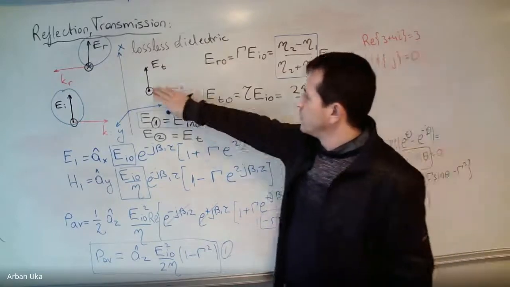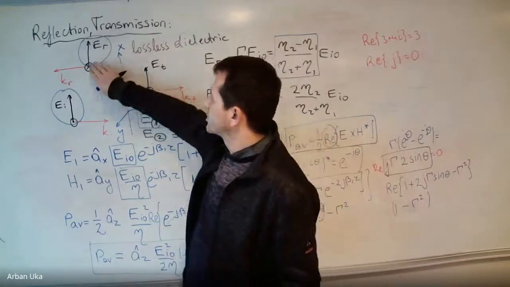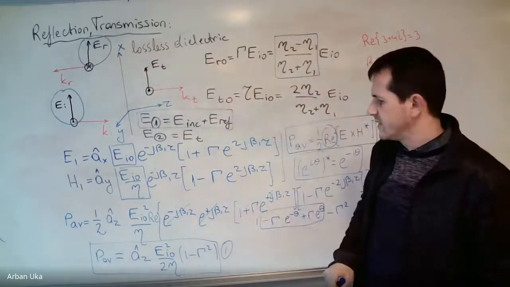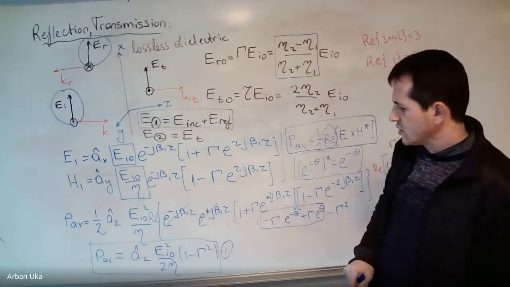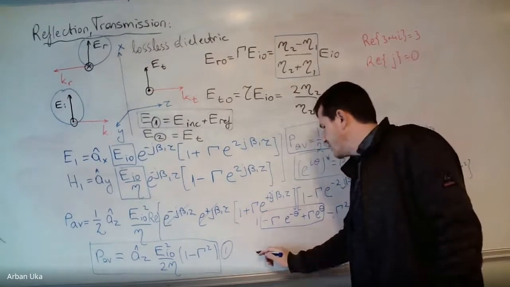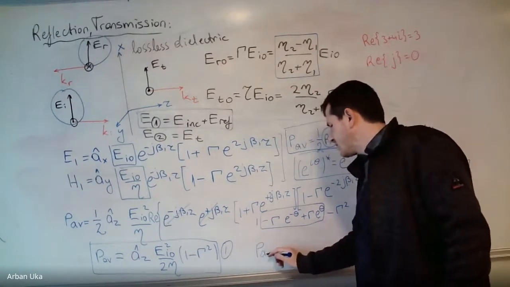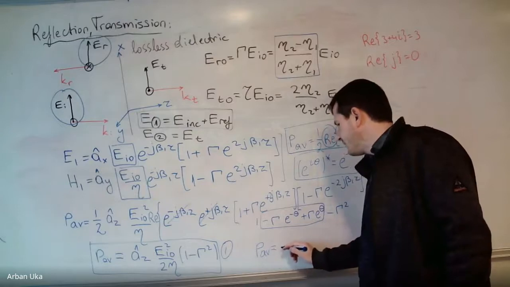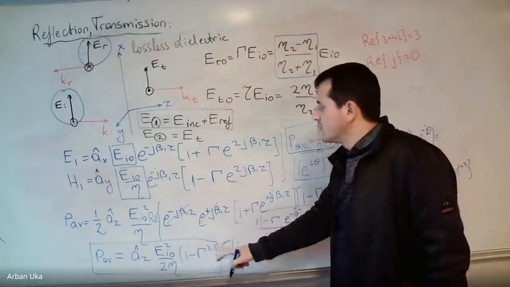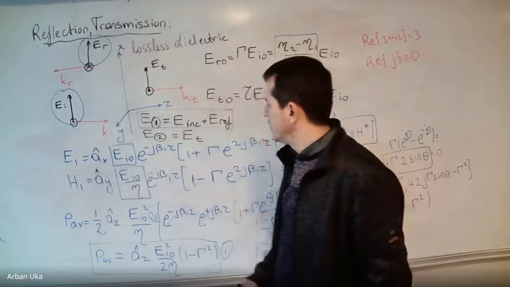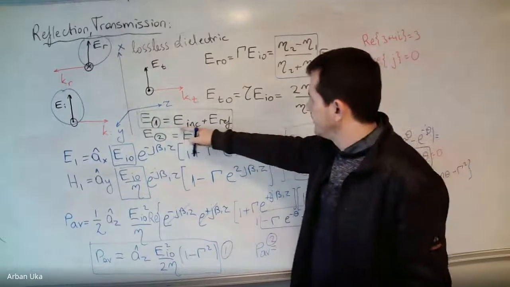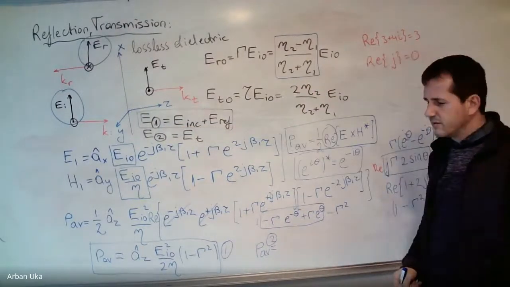But now we don't have the complete wave reflection backwards. We have some energy which is flowing to the other side. So if this is the case, we can also ask the following question: what is the time average power density in region 2? Because this is only for region 1, because we have used E1 and H1, which add up the incident and the reflected components.